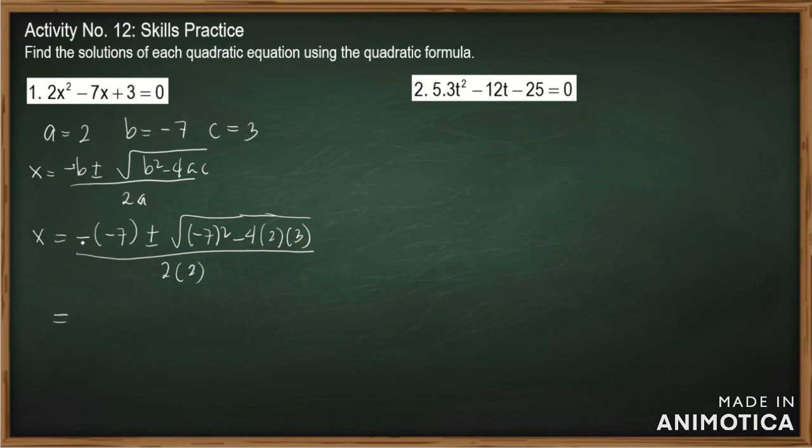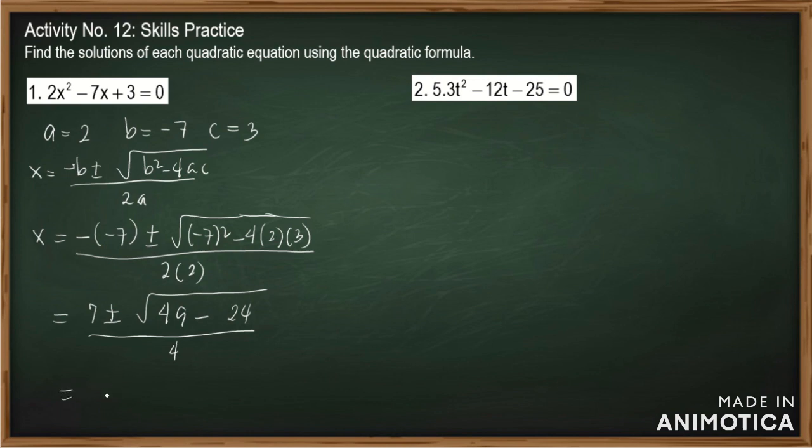Then we have negative times negative 7 is positive 7 plus minus the square root of negative 7 squared equals 49. Then negative times positive is negative. Then we have 4 times 2 equals 8. 8 times 3 equals 24. Over 2 times 2 is equal to 4.